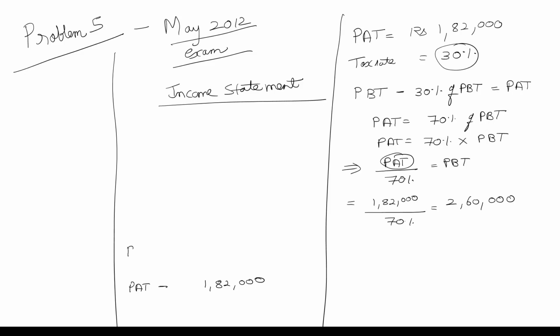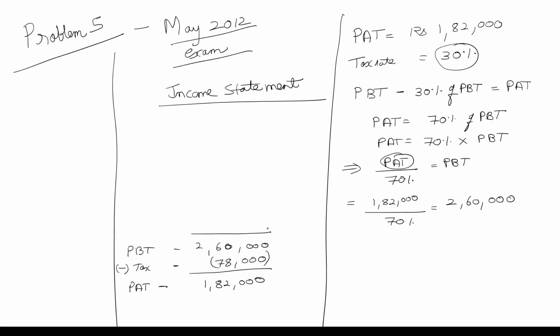So let me write here profit before tax 2,60,000. Just to complete the income statement, let me fill these things up. Our tax would have been 78,000. So yeah, this is just for completion. So I get my profit after tax.